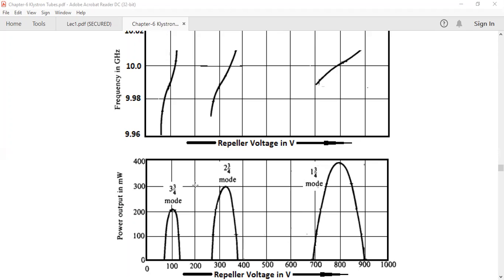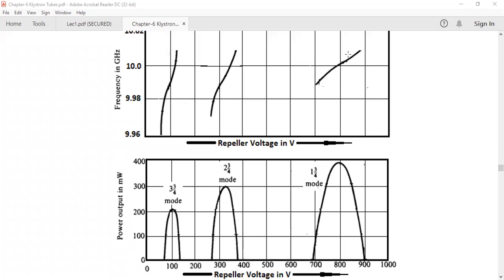The tuning range we can take from the half power points of this output power. Suppose 380 is the maximum power. Half power point means 380 by half, that is 190. This is the bandwidth, that is the tuning range.